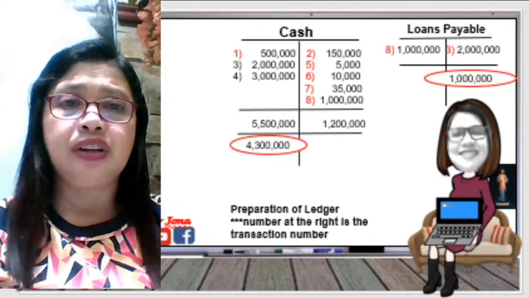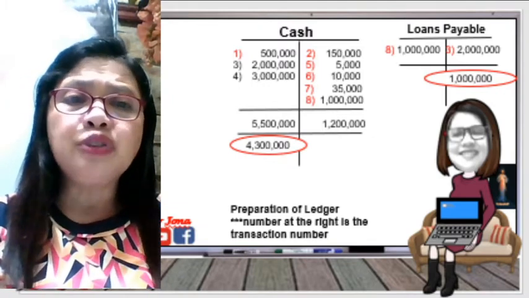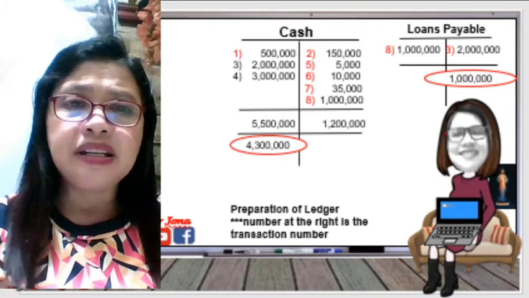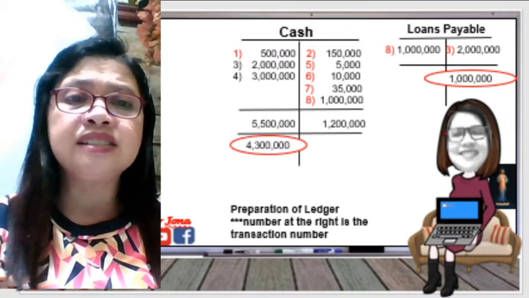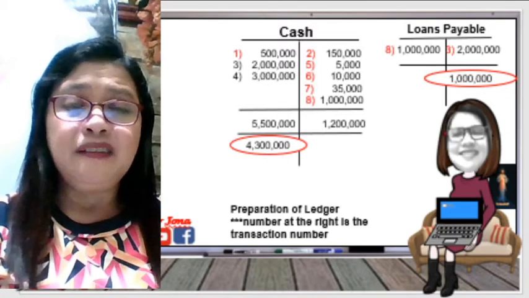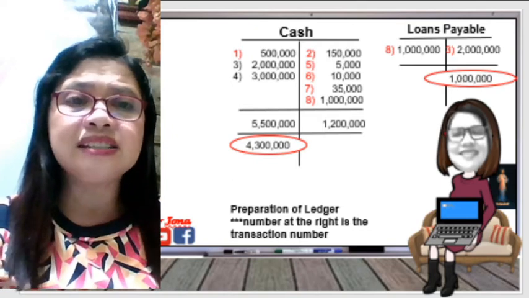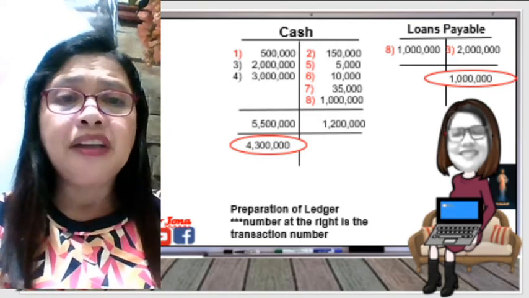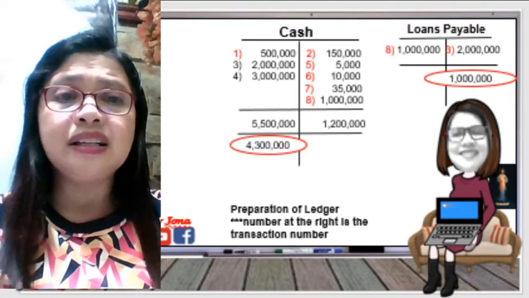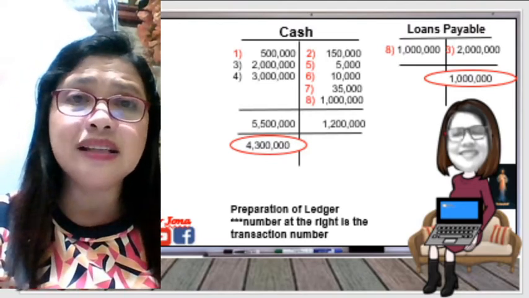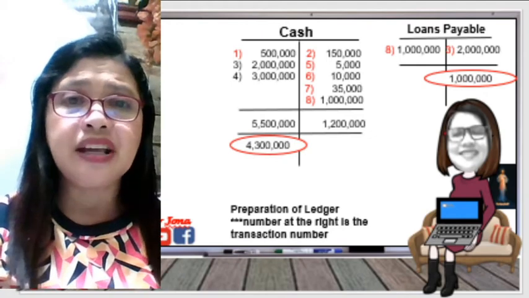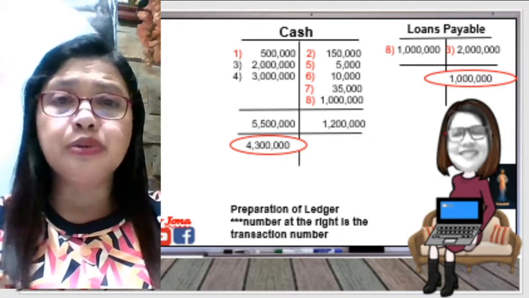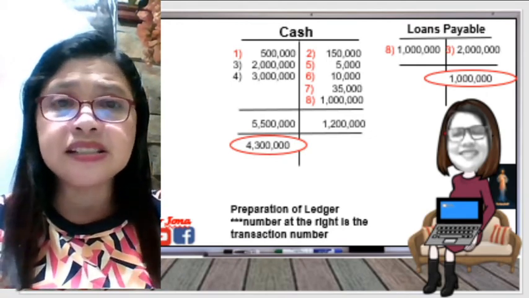Then we get the total debits and the total credits, and the balance is the one with the highest figure. In this case, 5,500,000 is on the debit side. We minus 1,200,000. Therefore, we have a debit balance of 4,300,000.